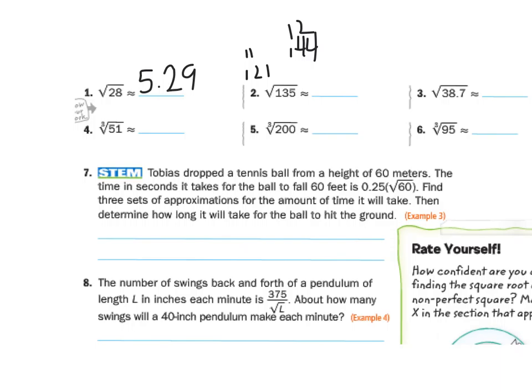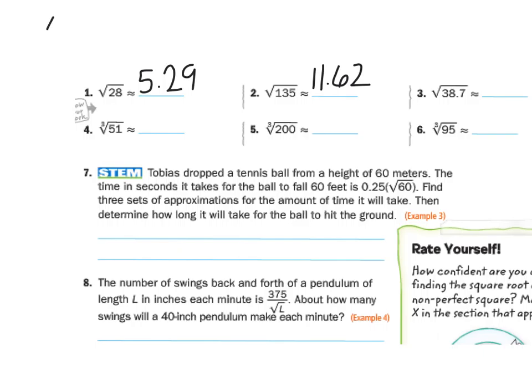So it's between 11 and 12, so it's going to be 11 point something. 135 is 9 away from 144, it's 14 away from 121, so it's going to be closer to 12. I'm going to say 11.65. Let's see how that looks. So if I put in 135 and take the square root, I get 11.62. So that was in the ballpark, though. Not bad.